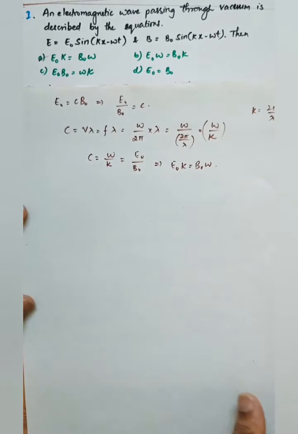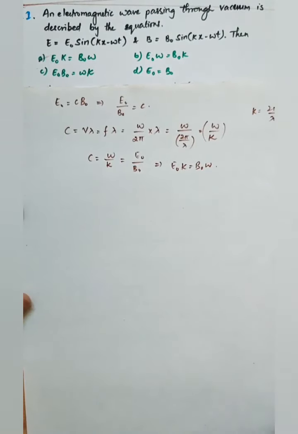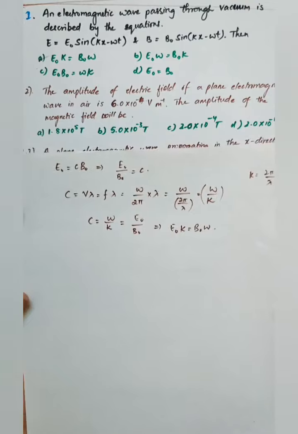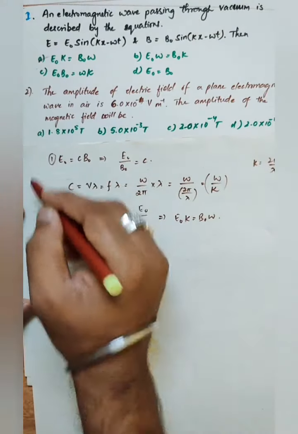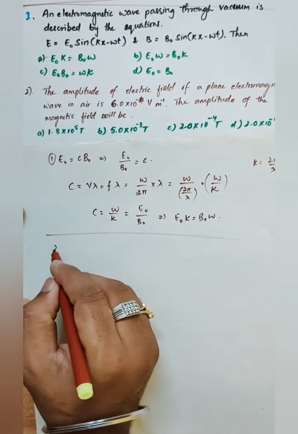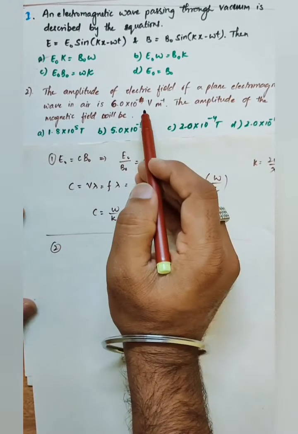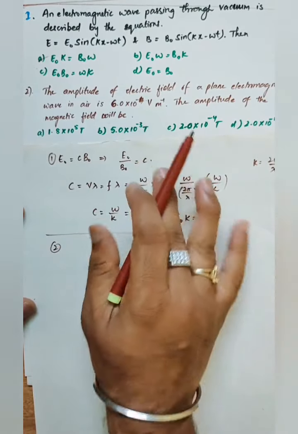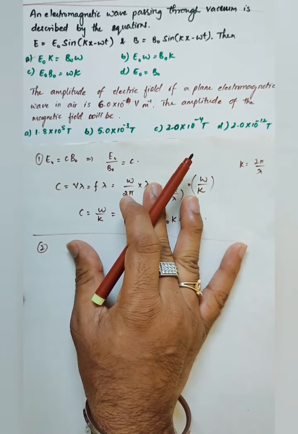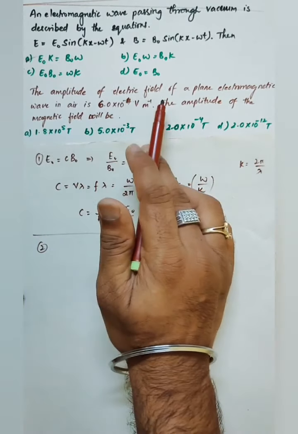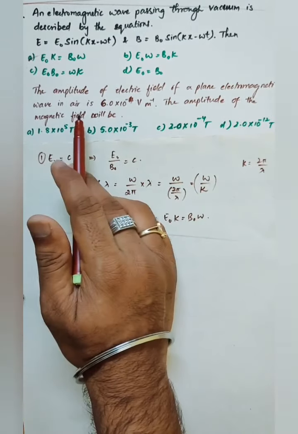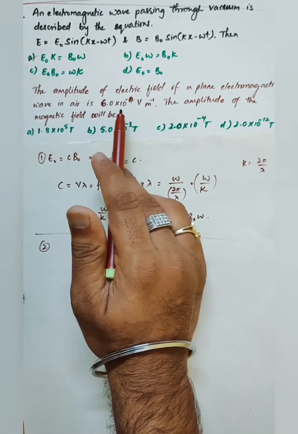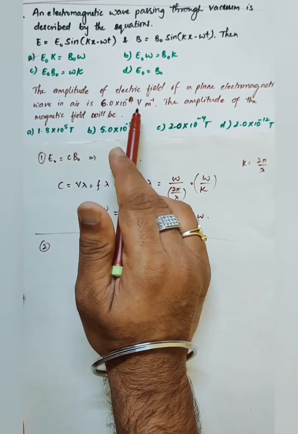Okay, so next we'll go to the next question. So this is the first one, now we'll go to the second one. The question is like this: the amplitude of electric field of a plane electromagnetic wave in air is 6.0 into 10 power minus 4 volt per meter.